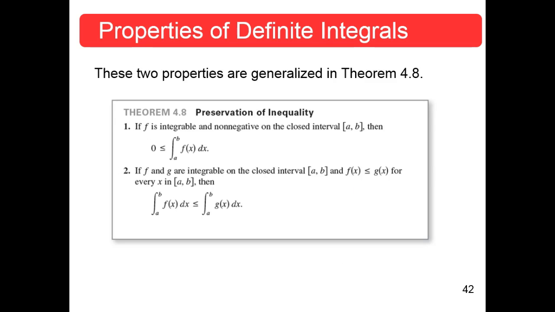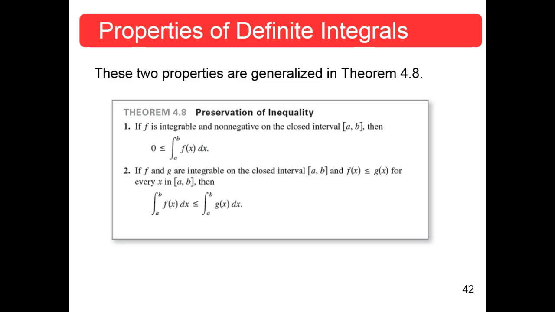So those two properties are generalized in theorem 4.8. This is the preservation of inequality. If you want it, make sure you preserve it. If f is integrable and non-negative on some closed interval a to b, then the integral of f of x dx from a to b has to be greater than or equal to 0.